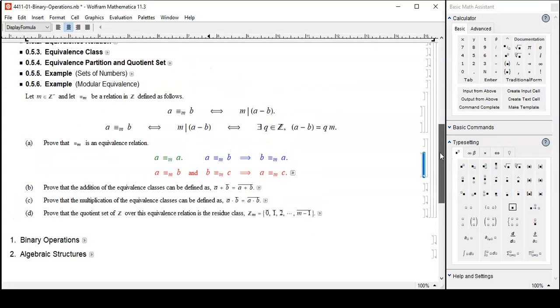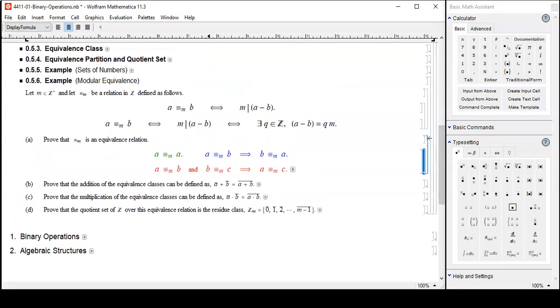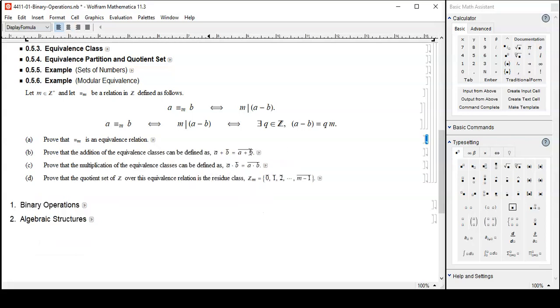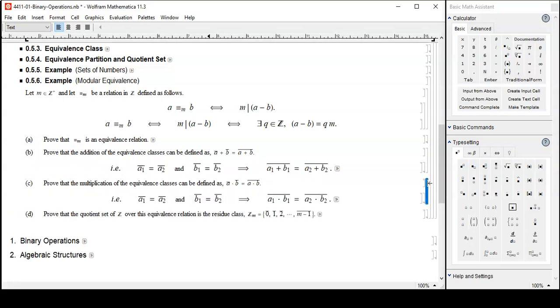Now let's go to a little bit higher level exercise, just a little bit. Addition is well defined and multiplication is well defined. What do you mean by that? That means even if we take different representatives, the end result is the same.